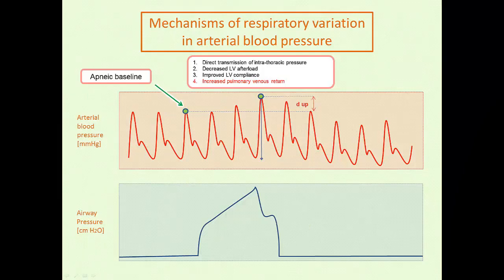So during expiration, it's charging the pulmonary vascular bed with blood, and then during inspiration, that blood in the pulmonary vascular bed is discharged into the left ventricle. So that's a portion of your D-up too.